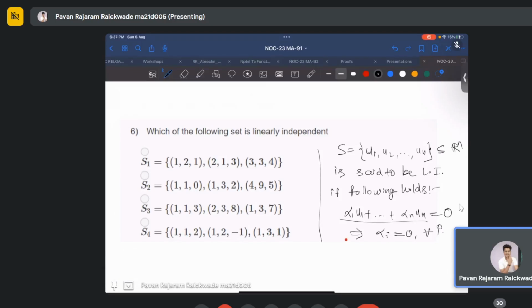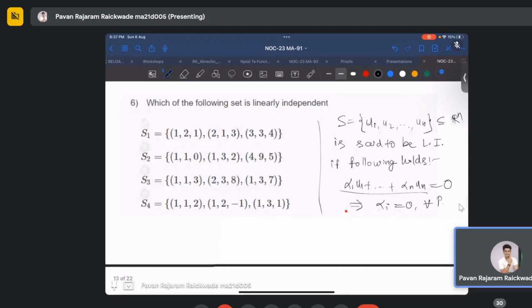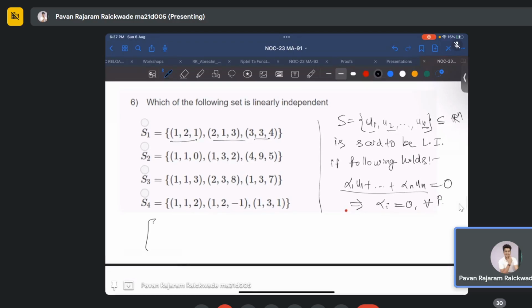This is the definition of linear independence. To apply this abstract definition in Rn, the easier way is, because these ui's are column vectors, to put these ui's as columns of a matrix, u1, u2 until un. This is the first column, this is the second column, this is the nth column.